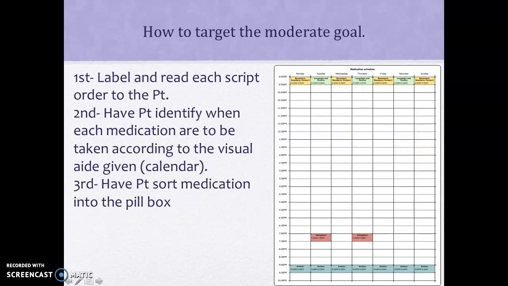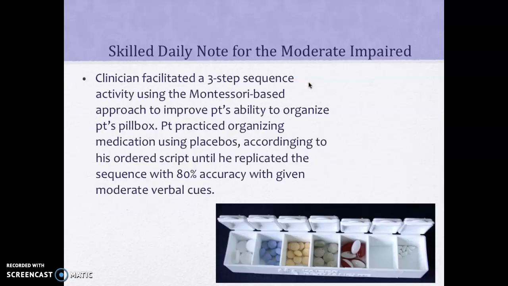I color coded it to help modify if they can't read the script, or they can't read the name and don't know what the name is for. Giving them a visual stimuli with colors to attach with the medication can help patients who are considered to be in the moderate GDS 4 to 5 or higher level.